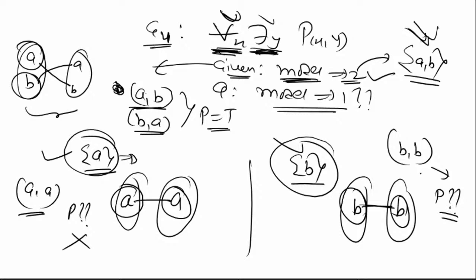In the given information, for this a comma b, p is true, and for this b comma a, p is true. But for this b comma b, I cannot guarantee that p will be true. So for this domain also, I cannot guarantee a model.